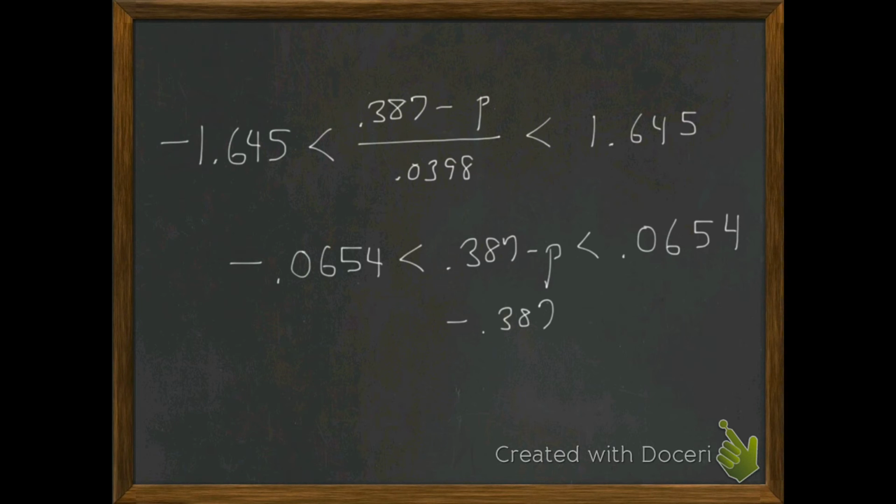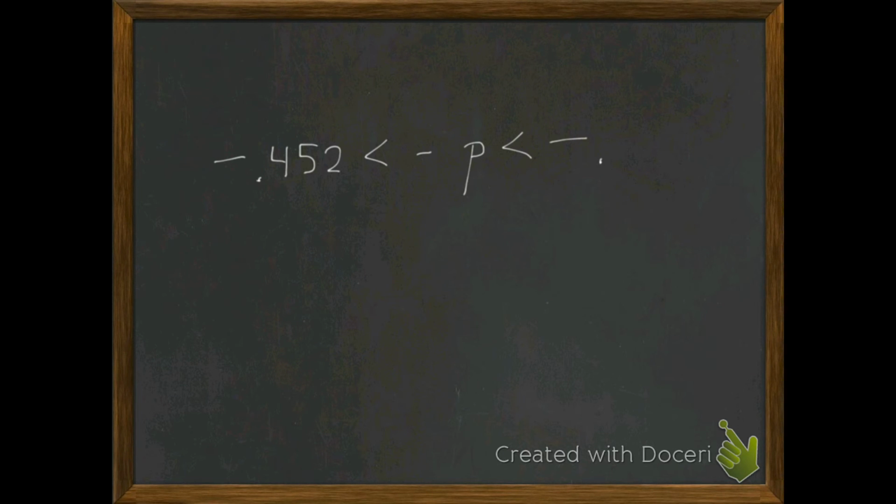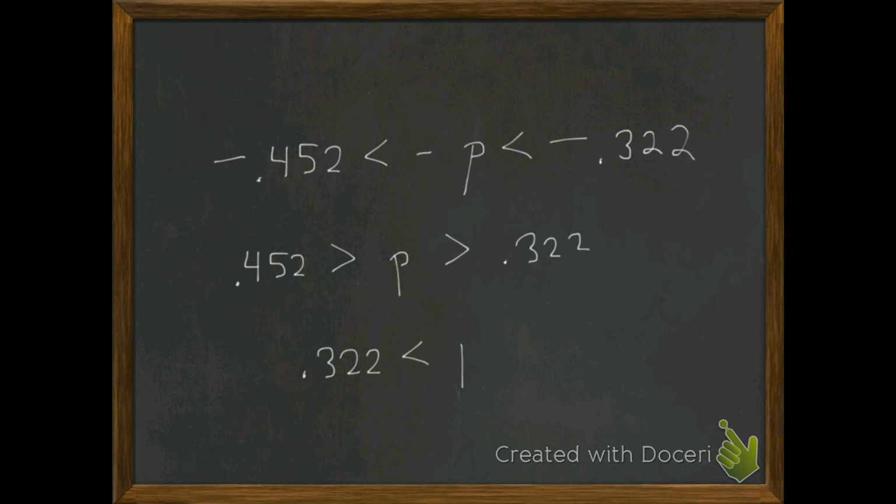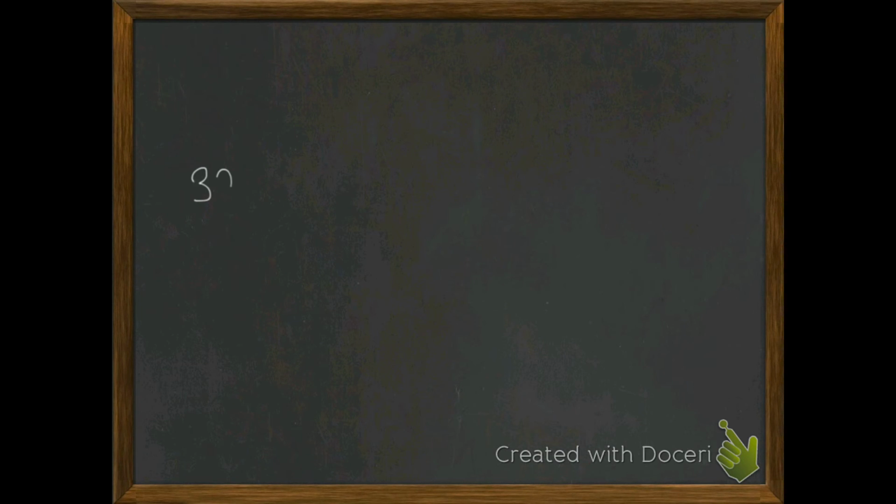And I will get 0.0654 minus 0.387 on the other side. Hopefully I don't make any typos. Negative 0.322. Multiply through by negative 1. Put it in convenient form.